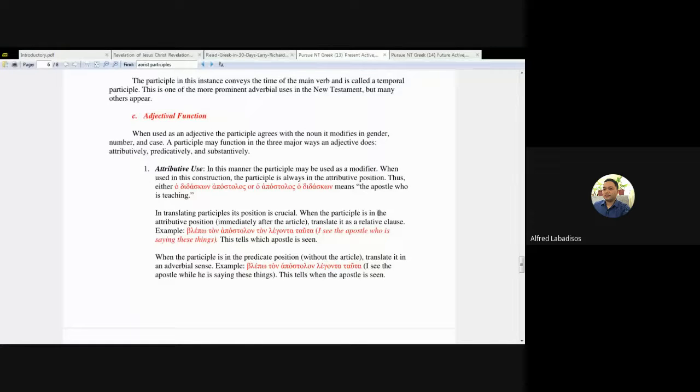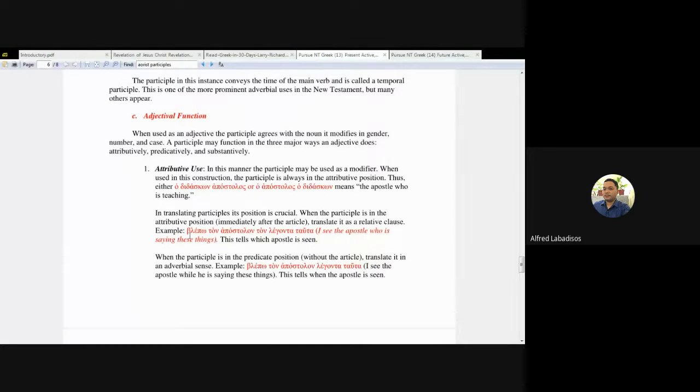When the participle is in the attributive position immediately after the article, translate it as a relative clause. In this case we have the article, then the participle, then the noun.